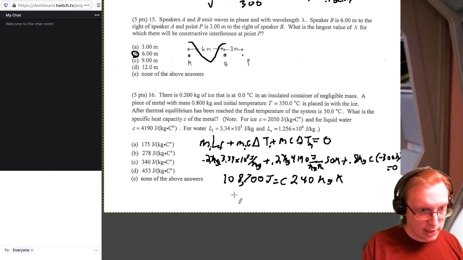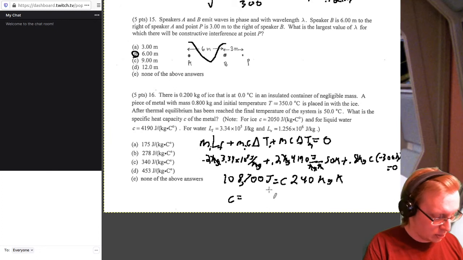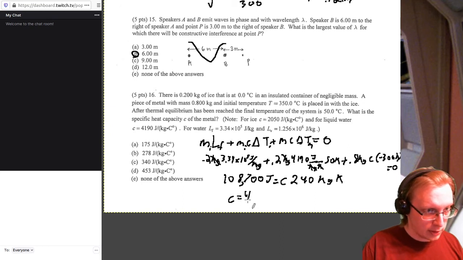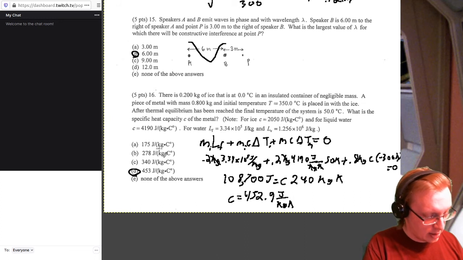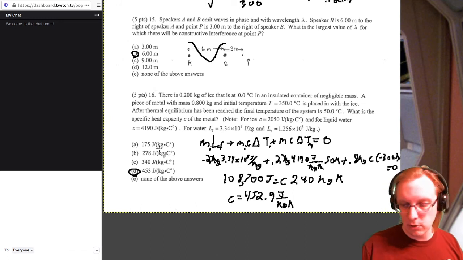Move that to the other side, and we find that C is equal to 108700 divided by 240, 452.9 joules per kilogram Kelvin. 453 joules per kilogram per degree centigrade. That works. That is exactly what we're looking for.